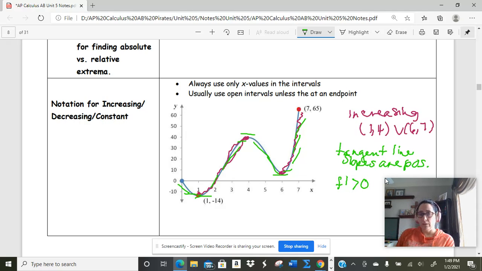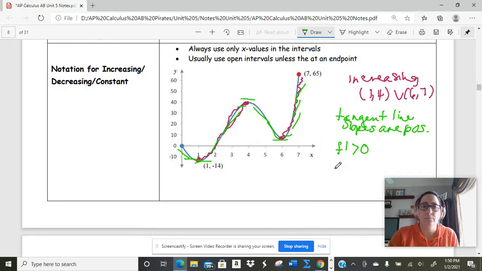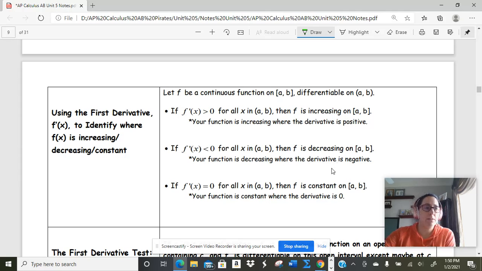And that's what we're going to be looking for. If I want to know where the original function is increasing, I find where the first derivative is greater than 0, decreasing less than 0, constant 0. And that's what this is telling me right here, okay?